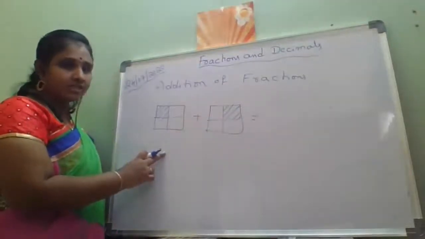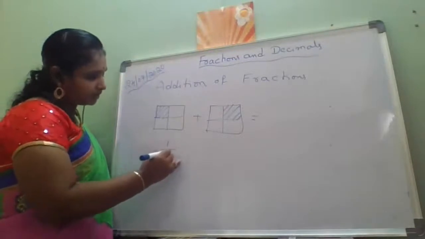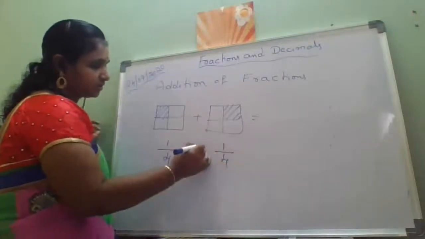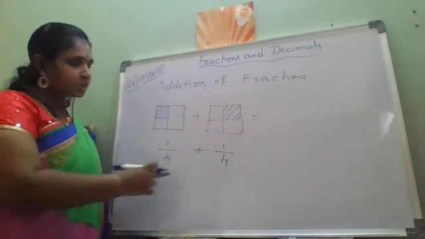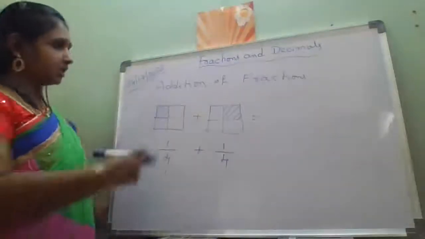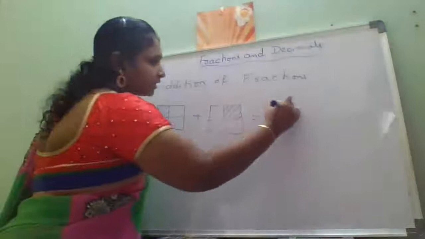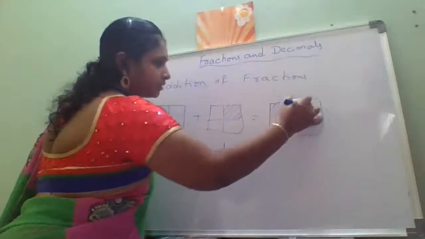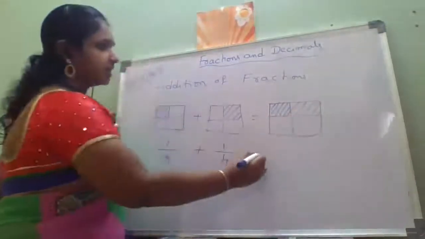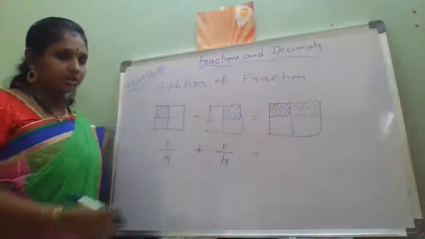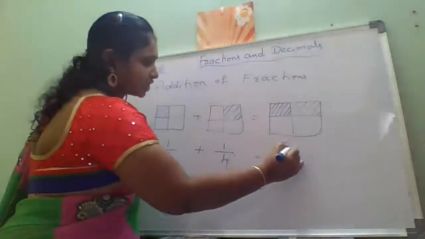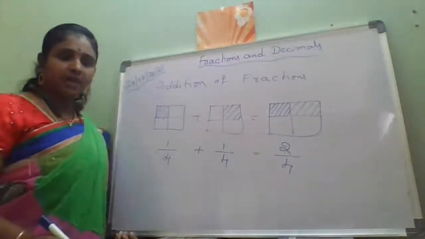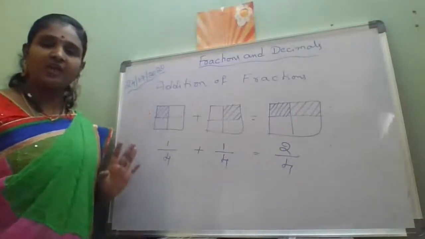Now tell me the fraction of these. 1 by 4 plus for this one 1 by 4. So these two are like fractions. Now add these two, then you will get two shaded boxes. So for adding these two fractions, you will get 2 by 4. Okay. This is the addition of the fractions.